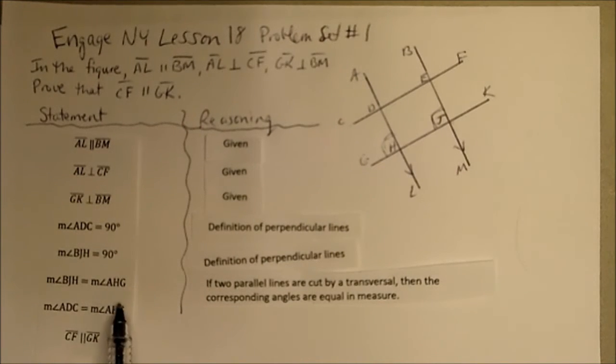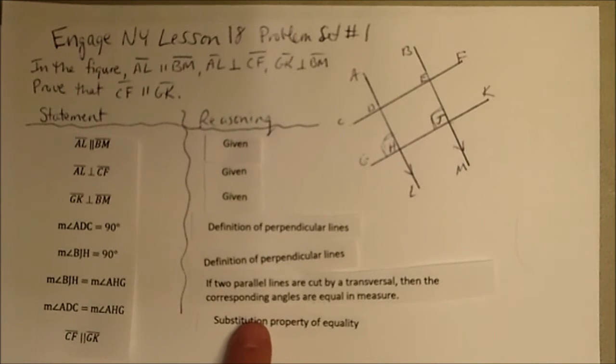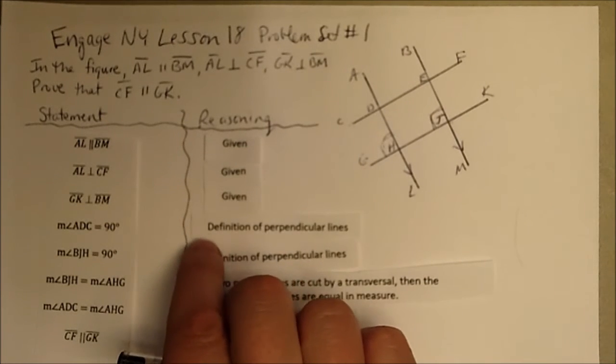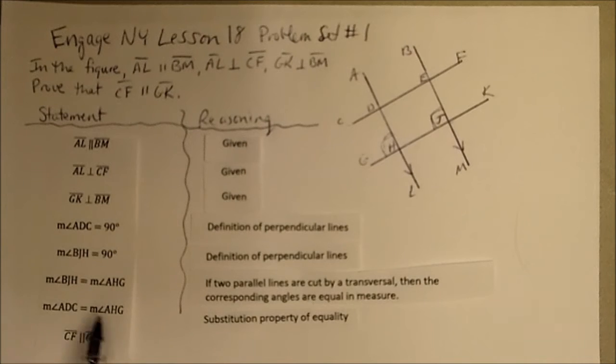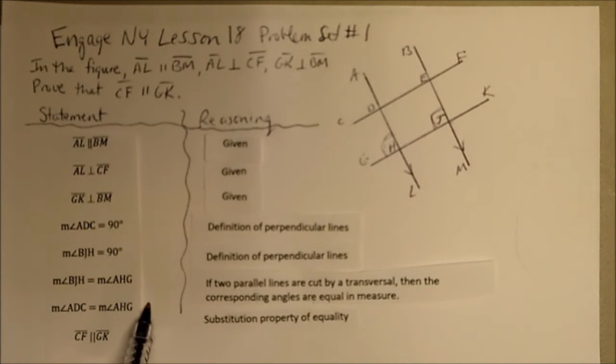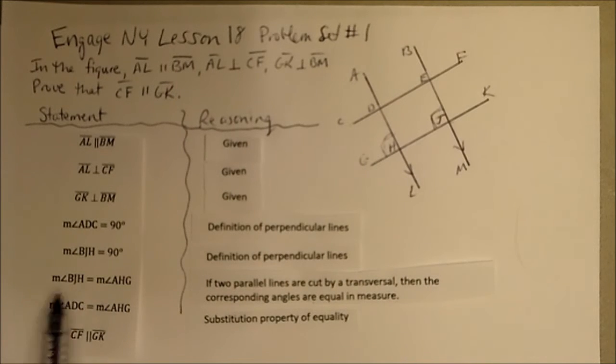So basically 90 degrees is equal to 90 degrees, and that is what we call the substitution property of equality. We're substituting those two equal values, making sure that ADC is equal to BJH.